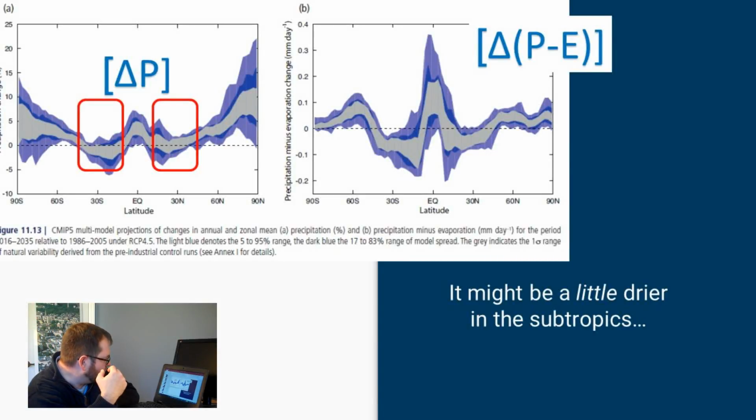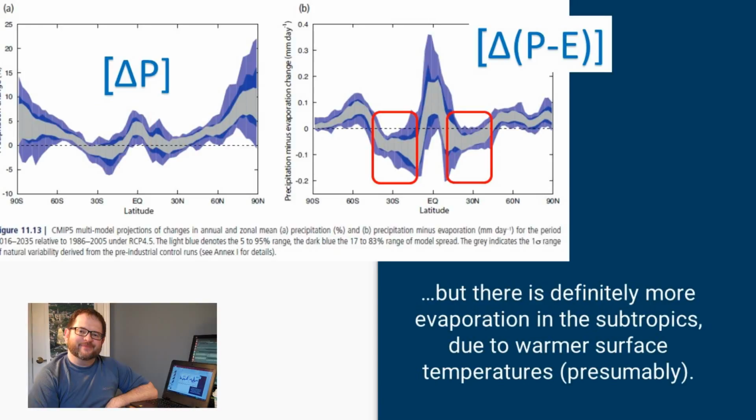Certainly in the southern hemisphere one, the gray area is mostly below zero, but they're both pretty close to zero. It's maybe a little drier in the subtropics overall, but if you're worried about the subtropical deserts growing and expanding, the models are not seeing that yet. At least with our current understanding of the physics, that doesn't seem to be happening in these models.